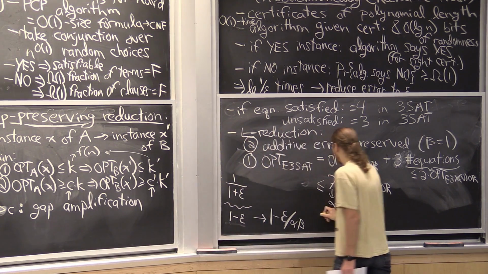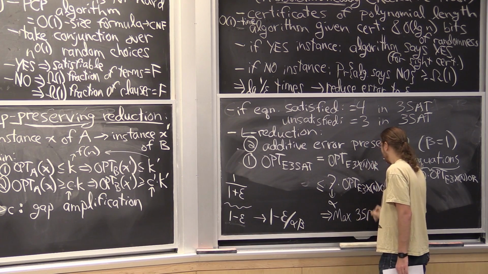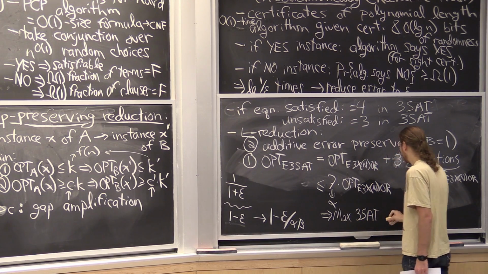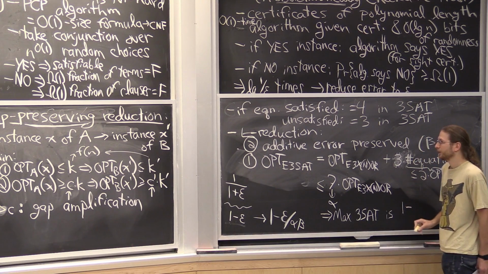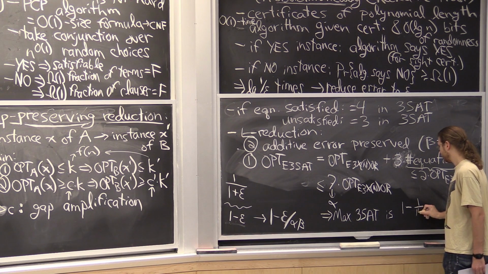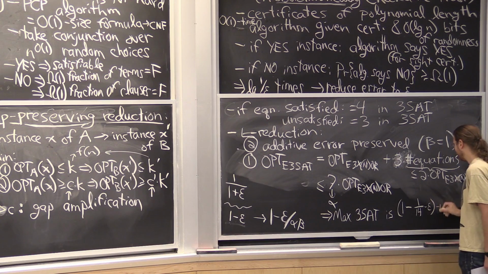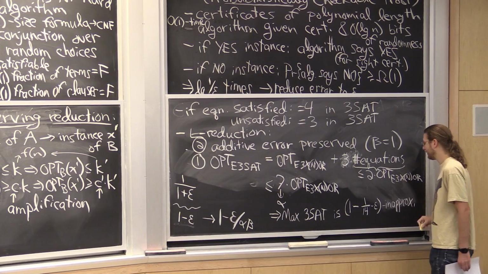So in this case, we get that Max E3SAT is 1 minus 1/2 divided by 7, which is 1/14. Technically, there's a minus epsilon here. Sorry, bad overuse of epsilon.